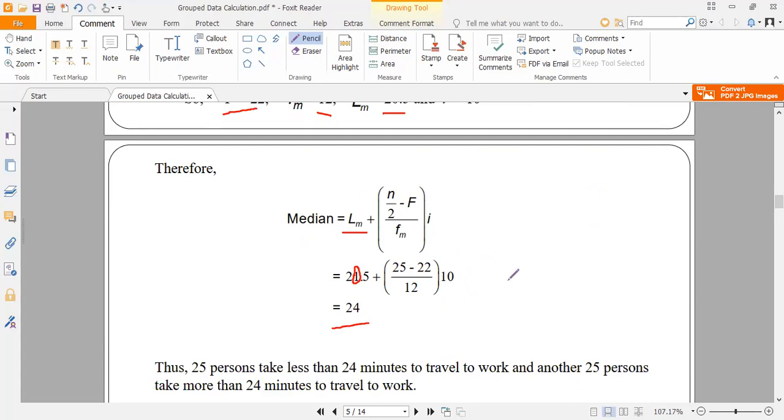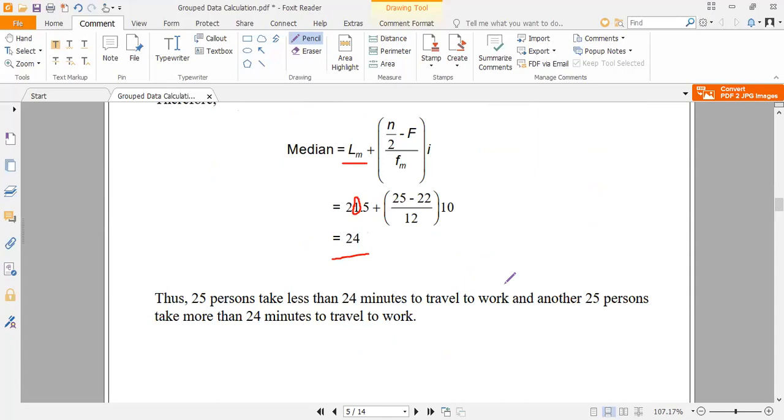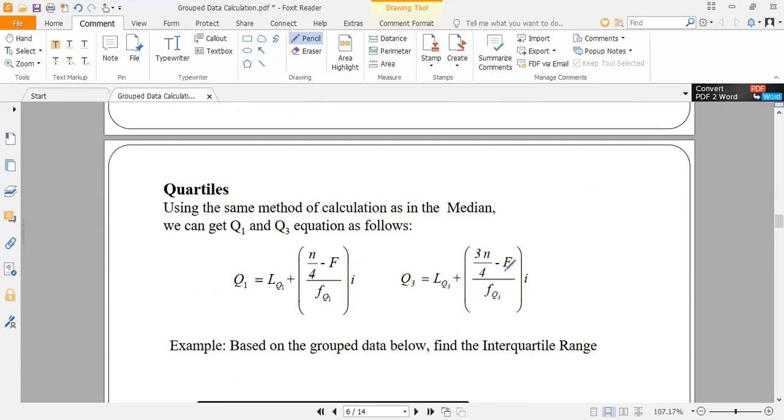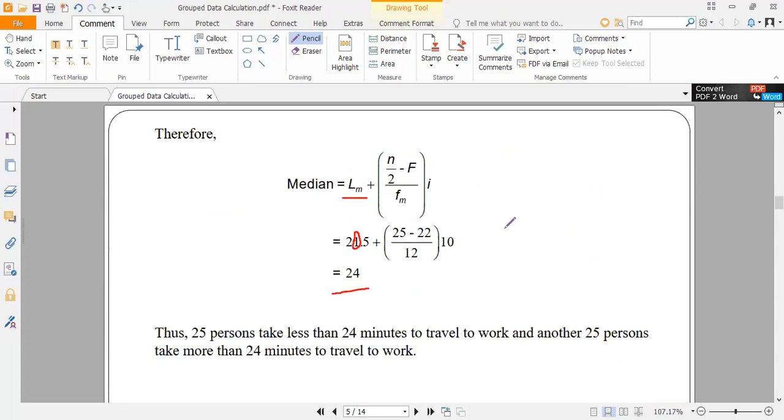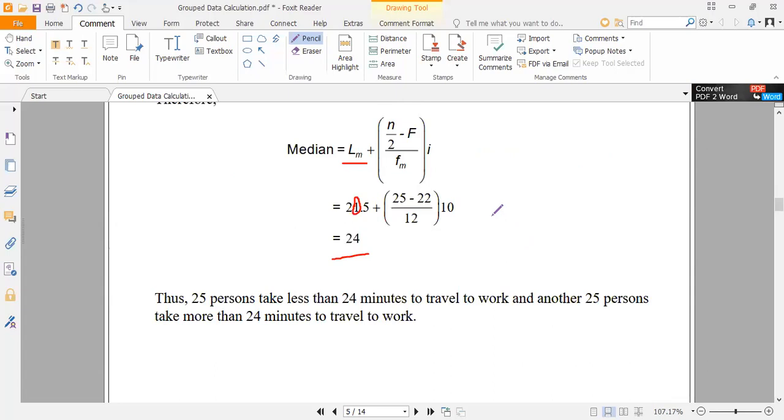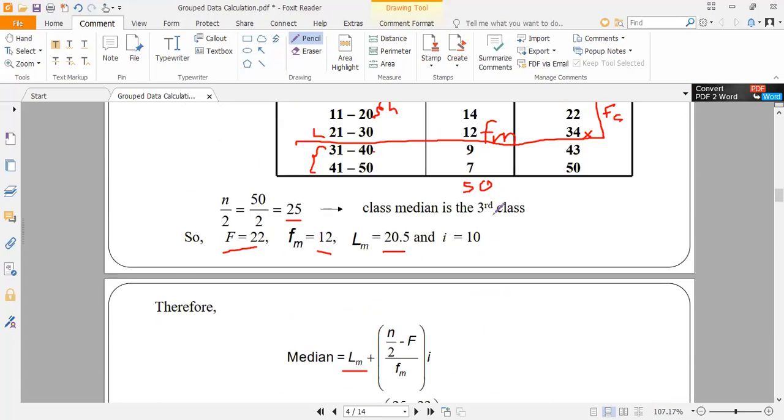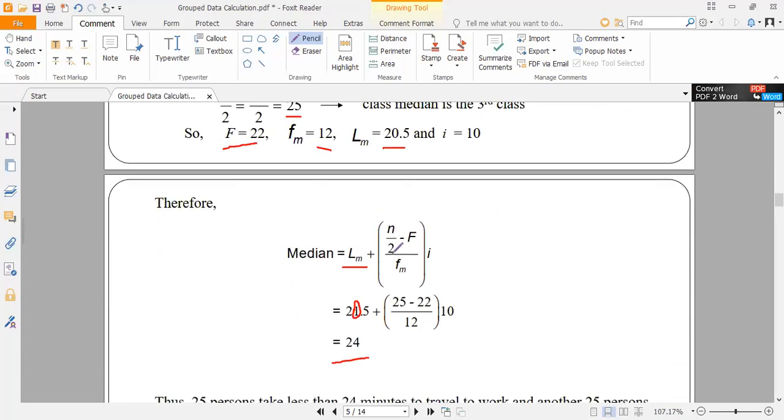And finally, how do we find the mode? When we are finding the quartiles, before we go to the mode, we use the same formula, except that here we're using different fractions of n. So this is for the median, which is Q2, n over 2.